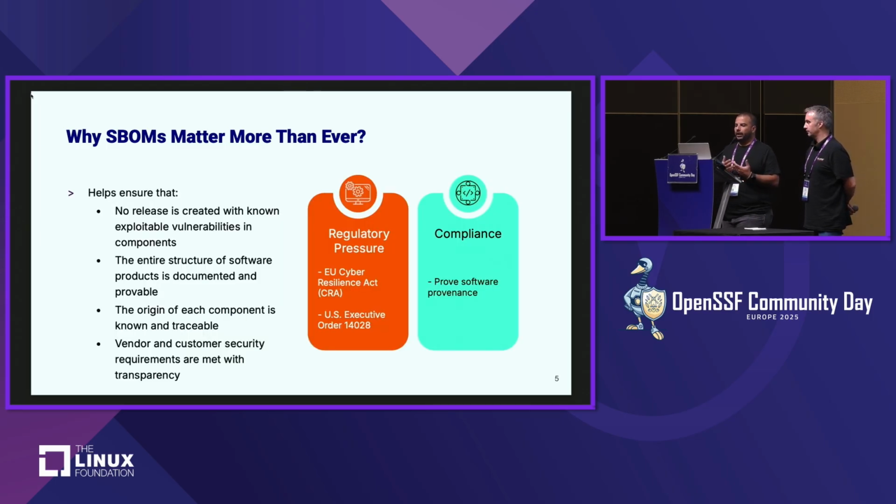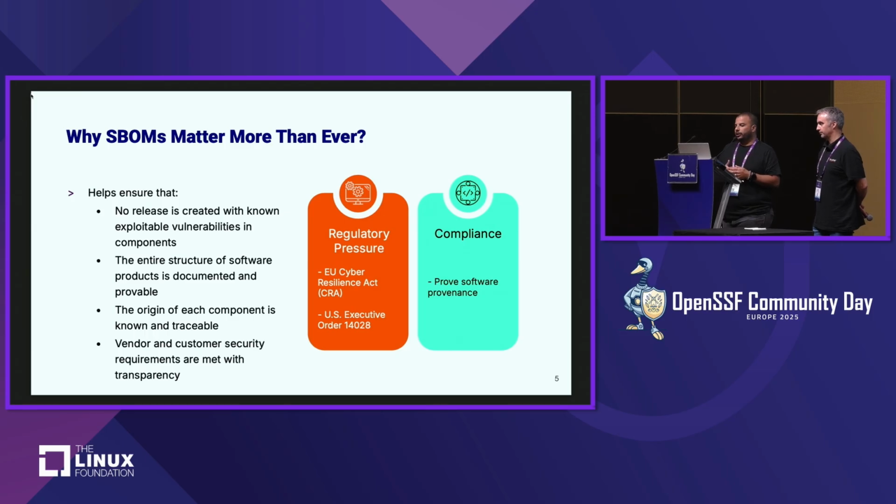Not only that, but there is also the regulatory pressure, right? We have the CRA coming, and we have the US executive order, for example. No release is created with an exploitable vulnerability in a component, so we want to make sure that we are following that. The entire structure of the software that the products are producing is documented, and we can prove that when vulnerabilities reach the project.